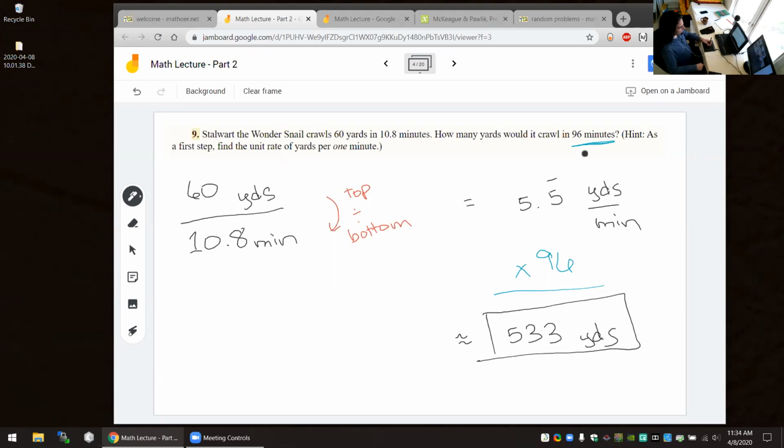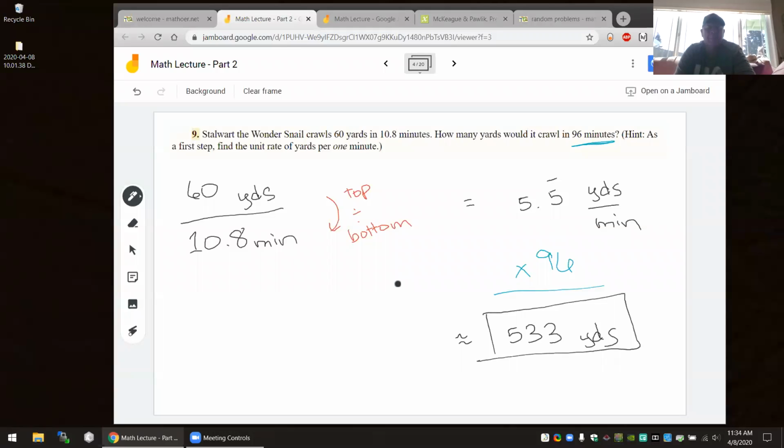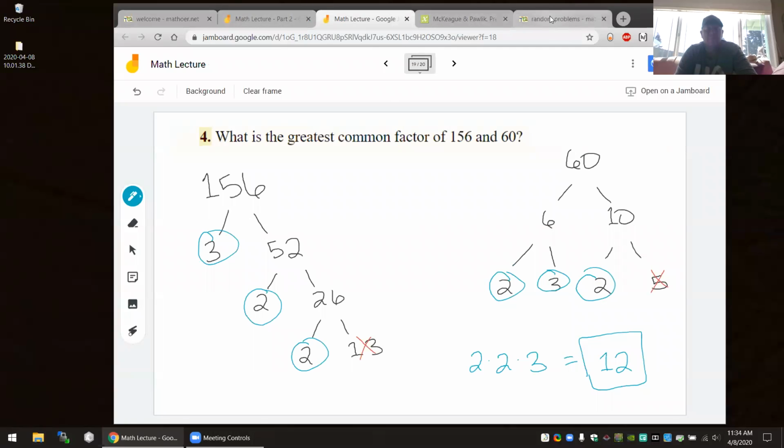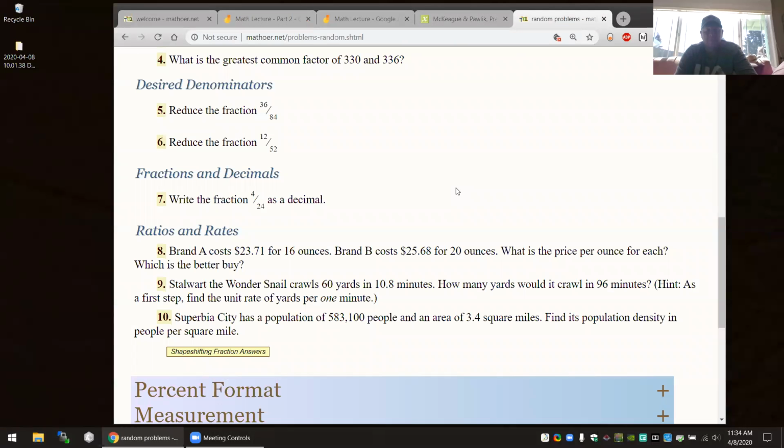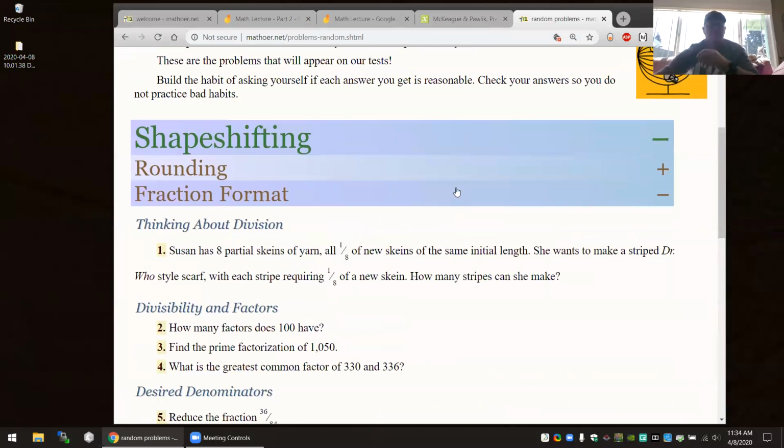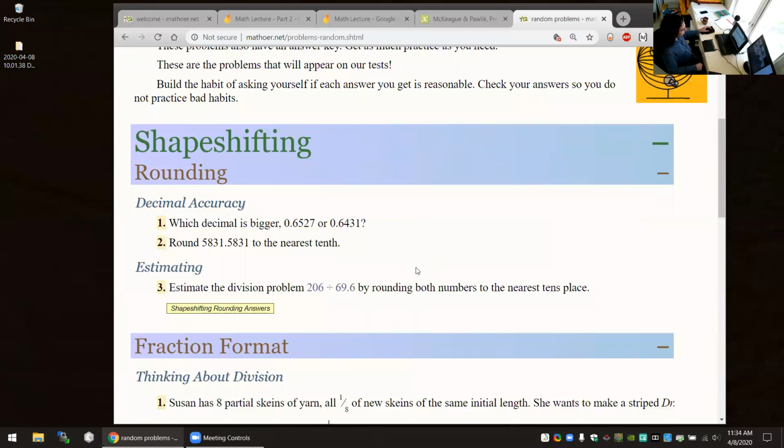Everyone see why we're multiplying by 96? Yeah. Okay. Any of the rounding ones that were, no, I think we're good.